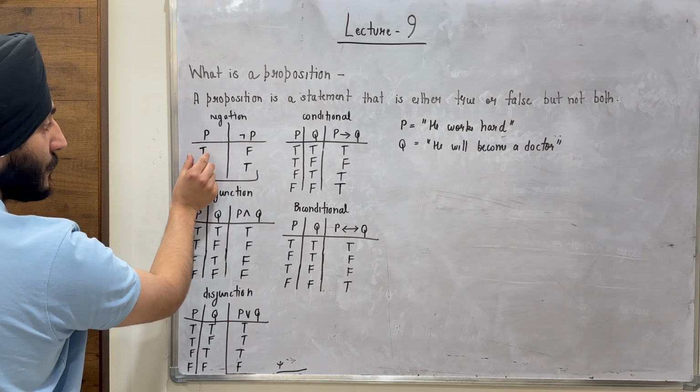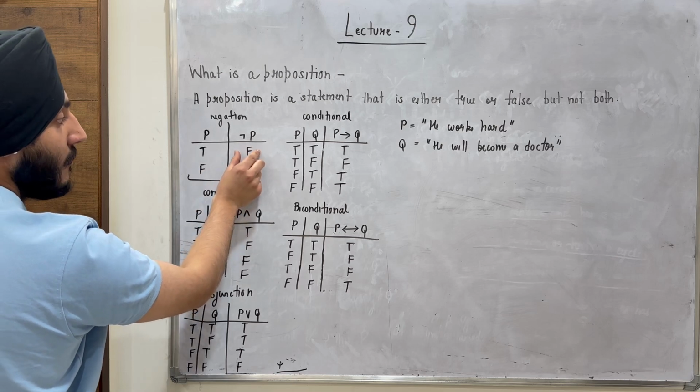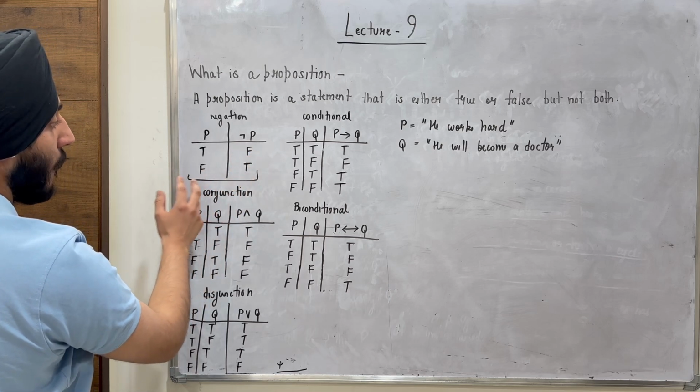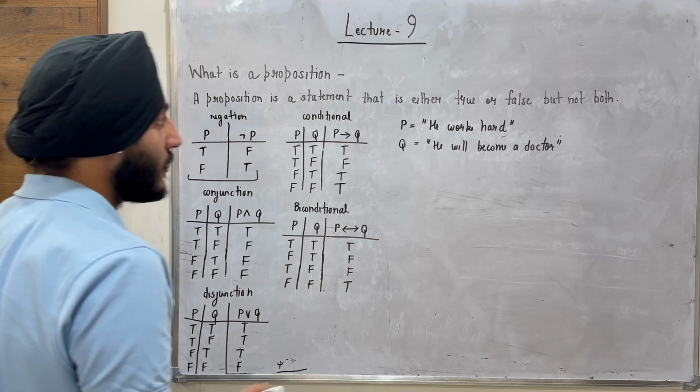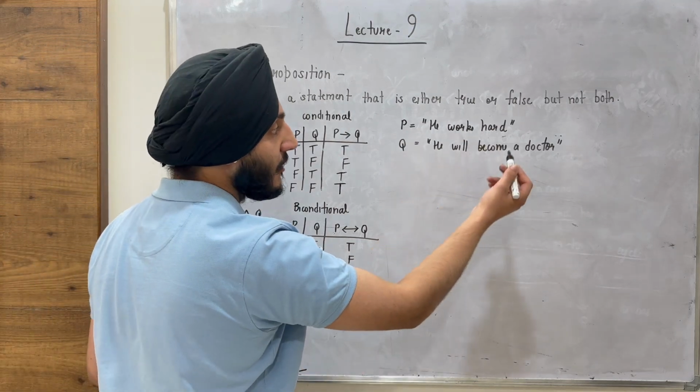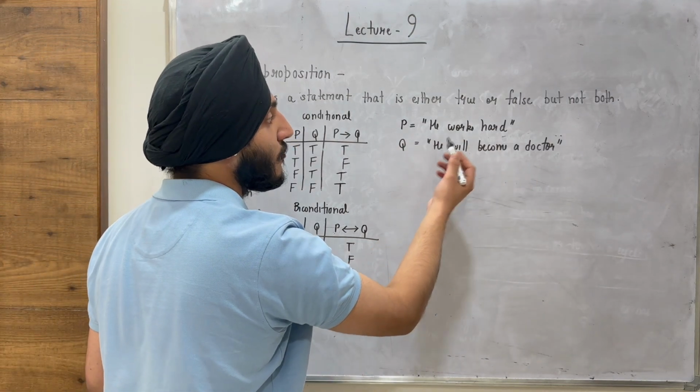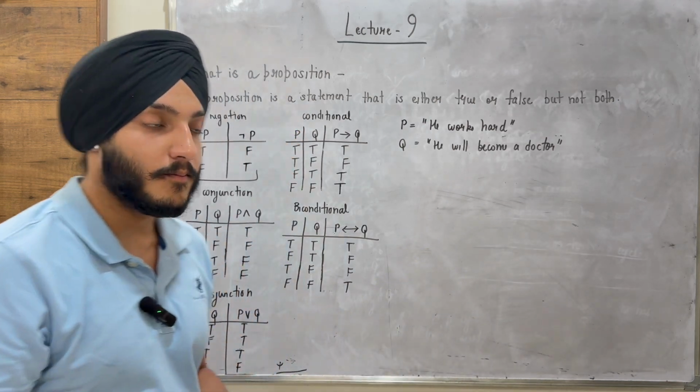If the proposition P is true, then its negation has the false value, right? And if it's false, then its negation is going to be true. So if P, let's say he works hard, is actually true, then its negation would be he does not work hard, which is going to be false, right?